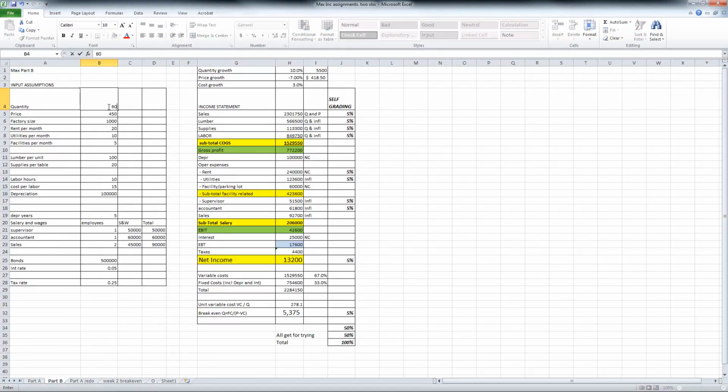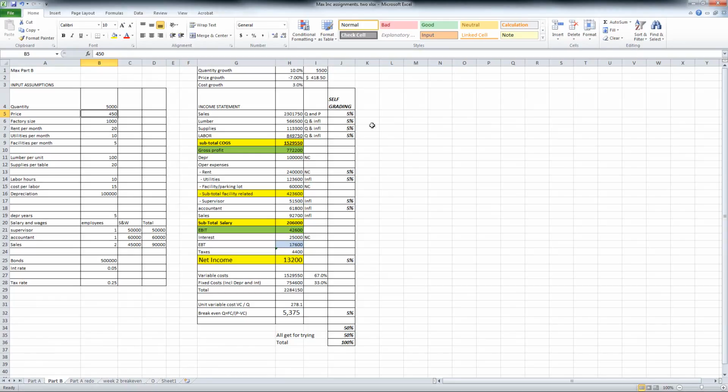So suppose we were selling more. And obviously, as you increase the quantity, if you're making 6,600, the punchline over here is that by just increasing it by 10%, 5,500 doesn't do it. One will have to tell the marketing people to sell a lot more in order to get this right.